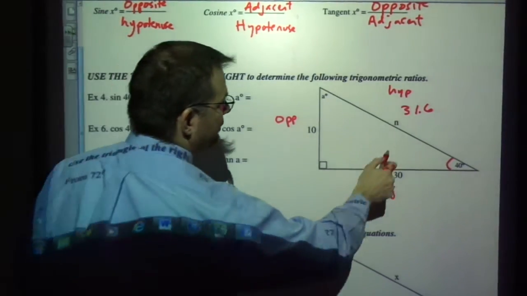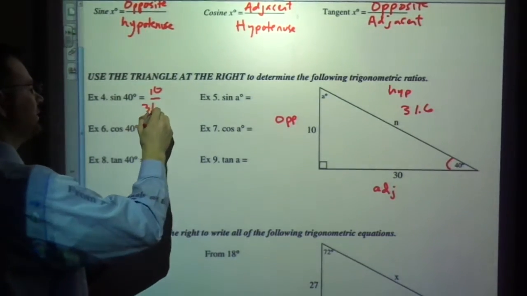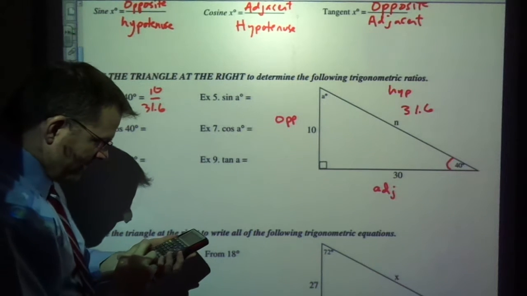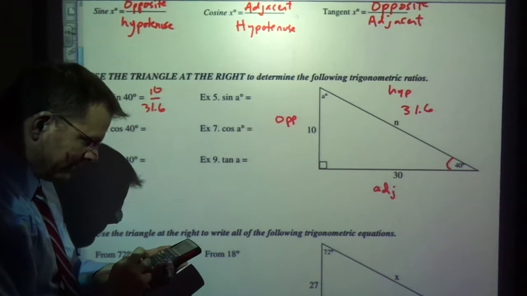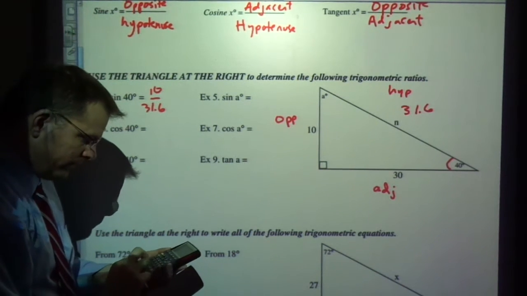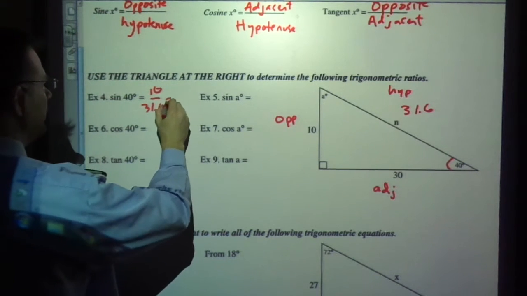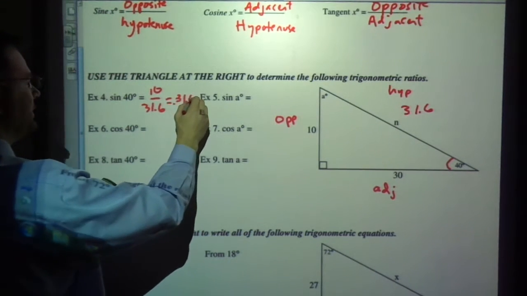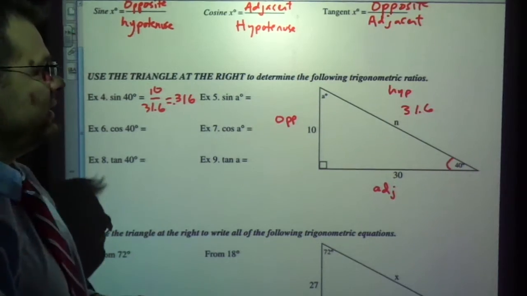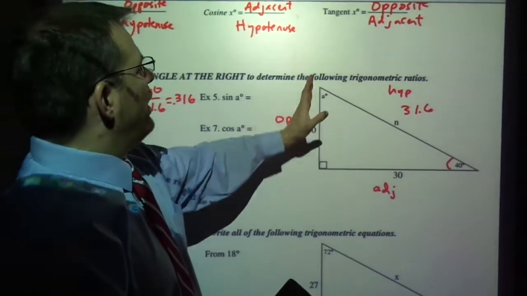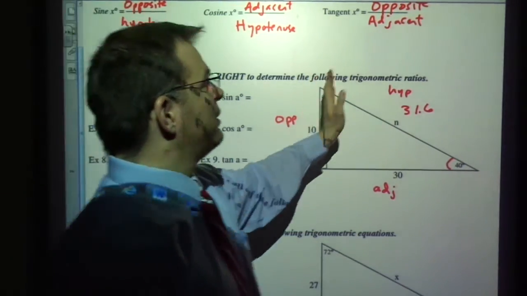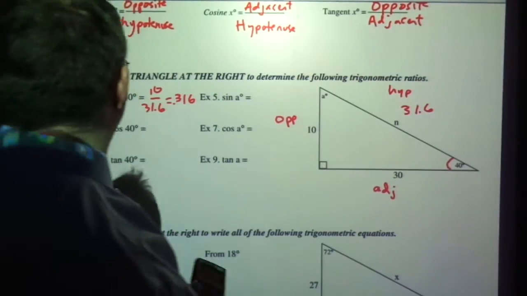The hypotenuse is 31.6. So we can go 10 divided by 31.6, and I'm getting 0.316. So basically that means this is about 31% as high as it could have been if we had gone all the way up.